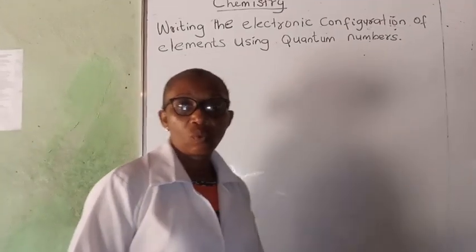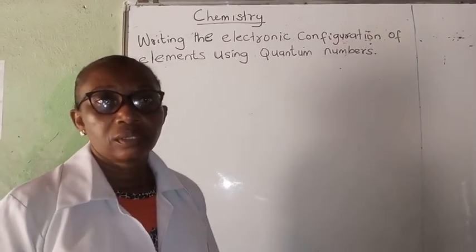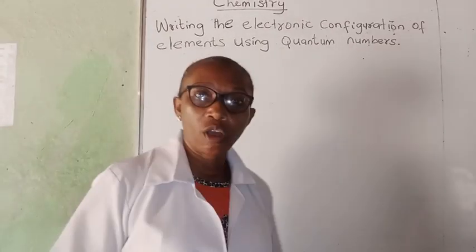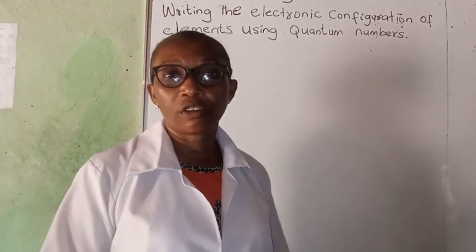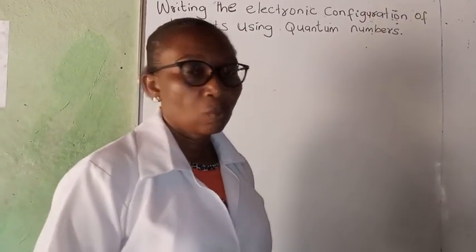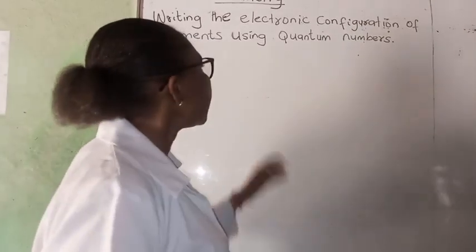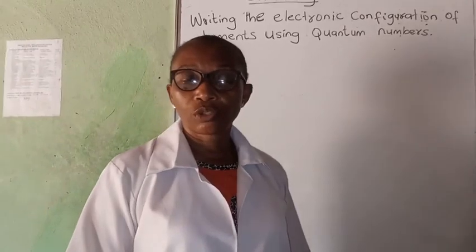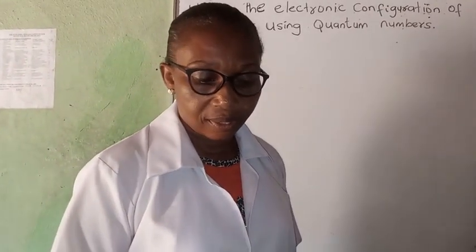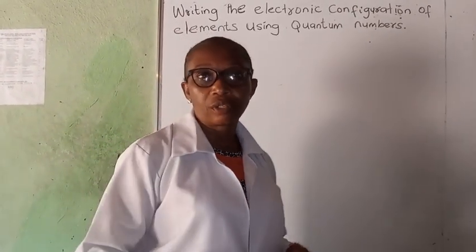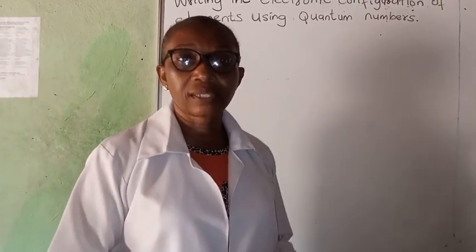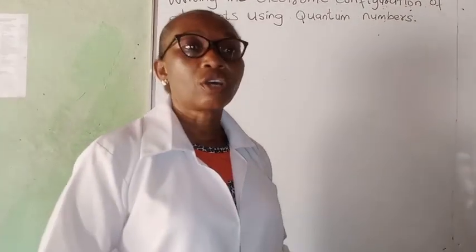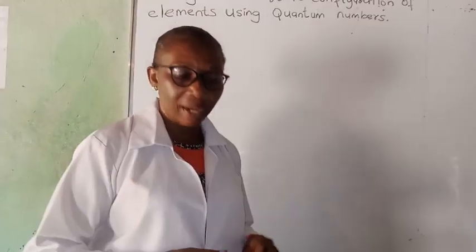Today, we are going to look at the simplest way of writing electronic configuration, which I term writing the electronic configuration of elements using quantum numbers. In case you have not heard about quantum numbers, don't be disturbed about that.